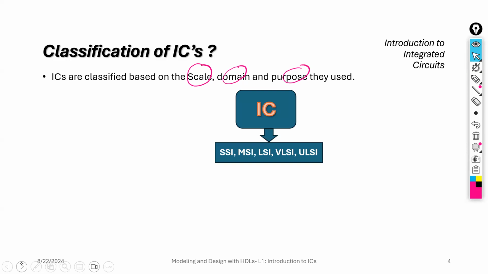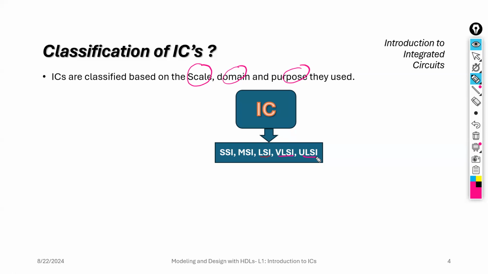If you want to define the IC based on the scale, we have different kinds: small scale integration, medium scale integration, large scale integration, very large scale integration, and ultra large scale integration. So how do we define the IC here?